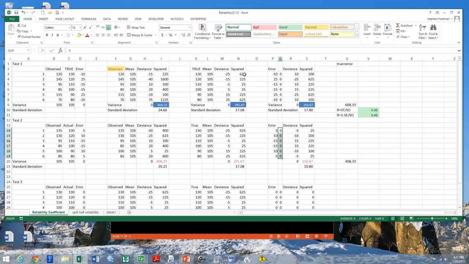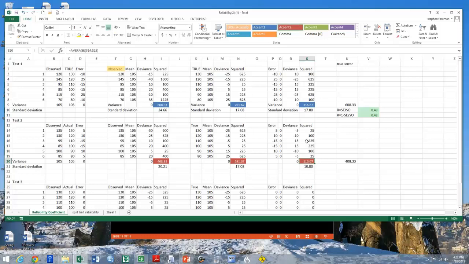And this time, we come up with an observed variance of 408.33. We have a true variance, 291.67. That ought to be the same, right? Because it's true scores. And then here's our error variance.